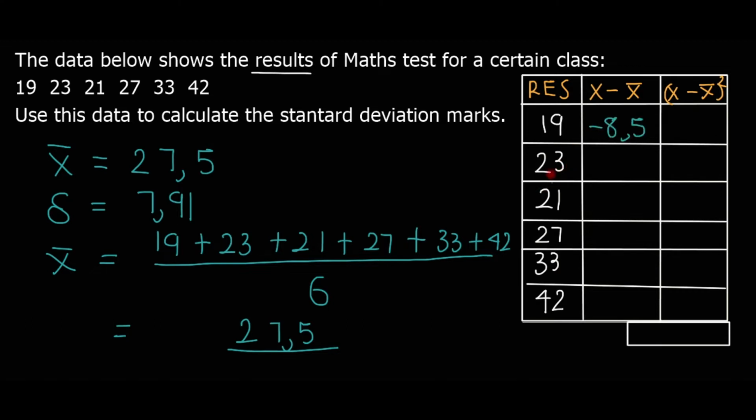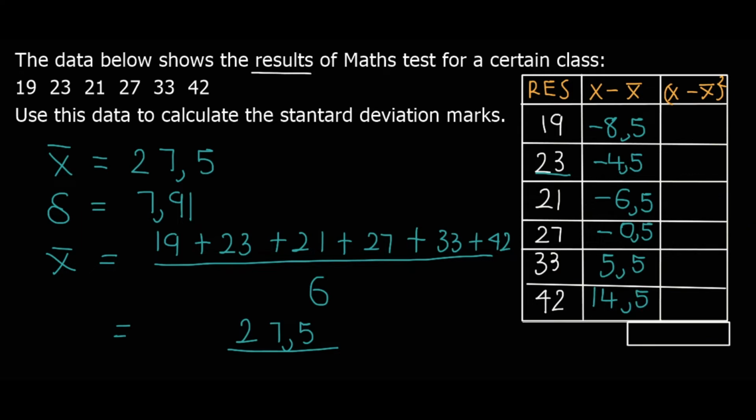We do the same: 23 minus 27.5 gives negative 4.5, and 21 minus 27.5 gives negative 6.5, and 27 minus 27.5 gives negative 0.5, and 33 minus 27.5 gives 5.5, and 42 minus 27.5 gives 14.5.